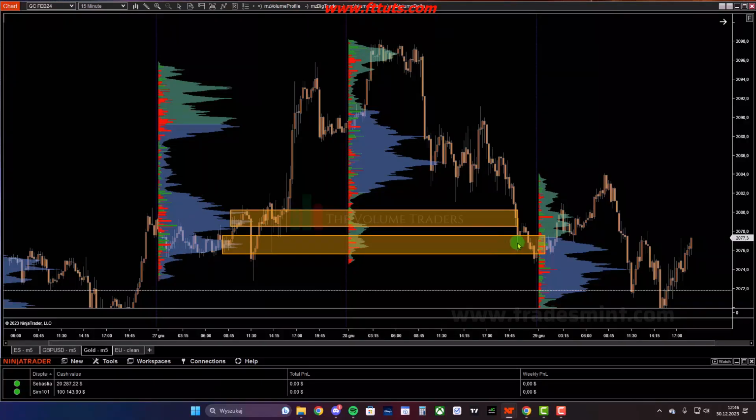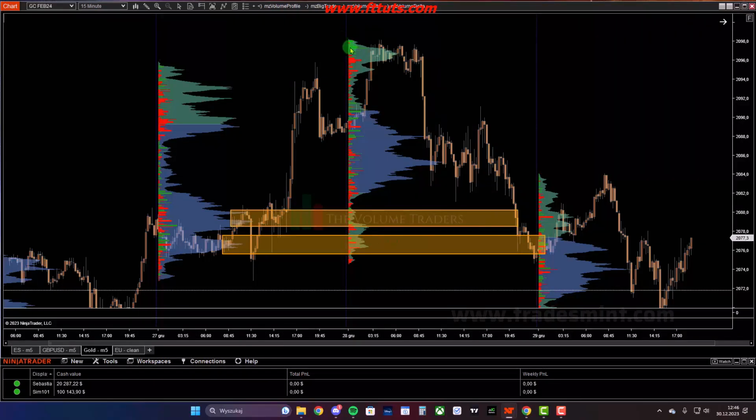It's the same with supply. When we have two supply areas very close to each other, there's a really high probability that the first is an invitation, and on the other zone the true big order is waiting to be filled. So that would be the first markup.